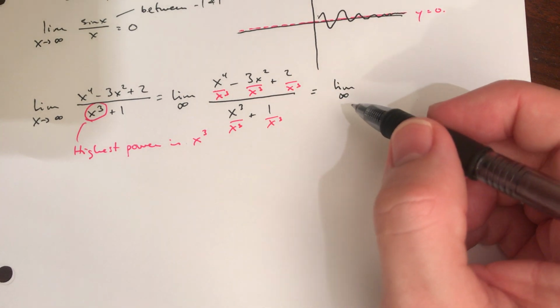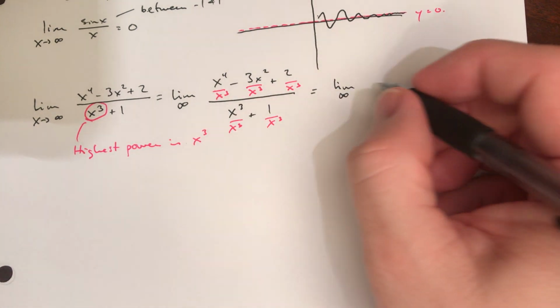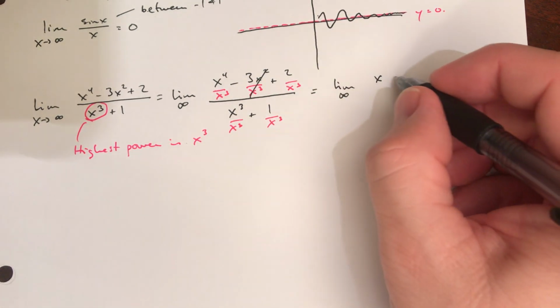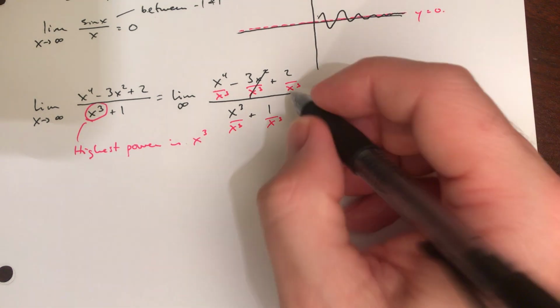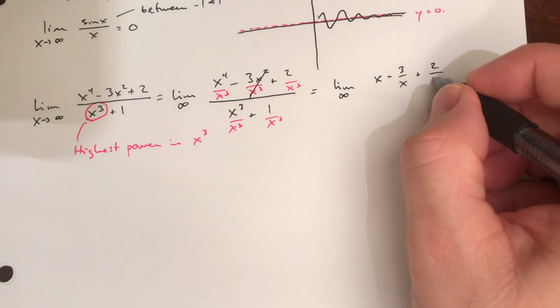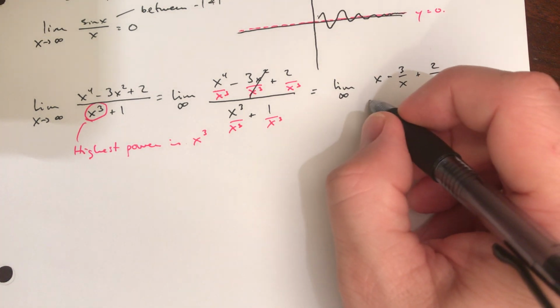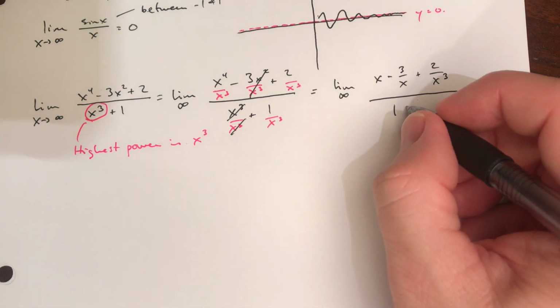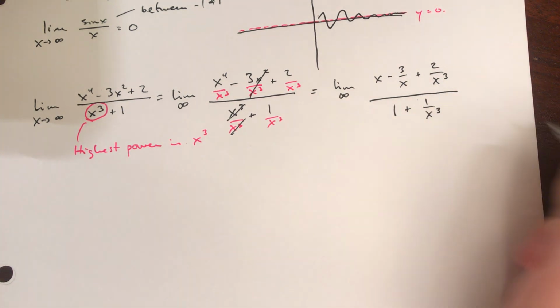So the limit at infinity, x to the fourth over x to the third leaves us x. That will reduce to negative 3 over x. It doesn't cancel, I screwed that up. And this is left with 2 over x to the third, all divided by, those guys really do cancel, 1 plus 1 over x to the third.